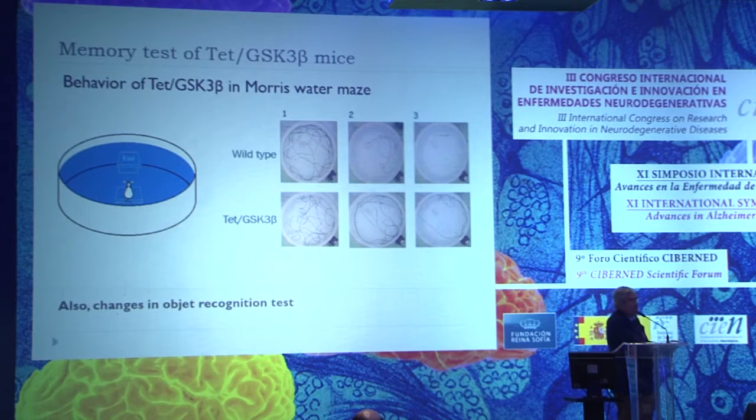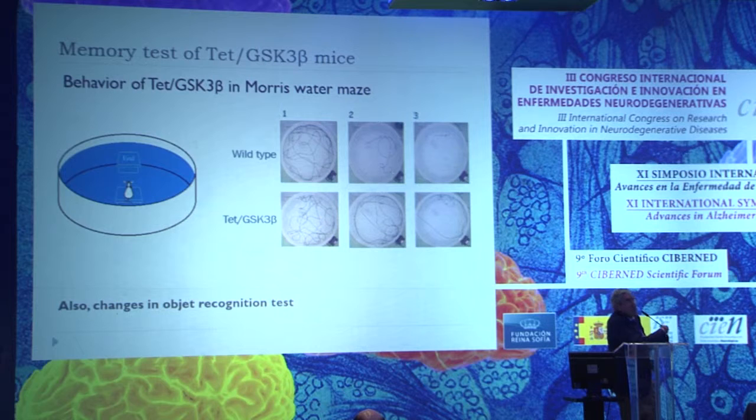We try to connect this with the loss of memory, as I told you before. The first type of experiments that we did is to test if there is a memory impairment due to the overexpression of GSK3 in these conditions. To do that, we used two behavioral methods for the mice.